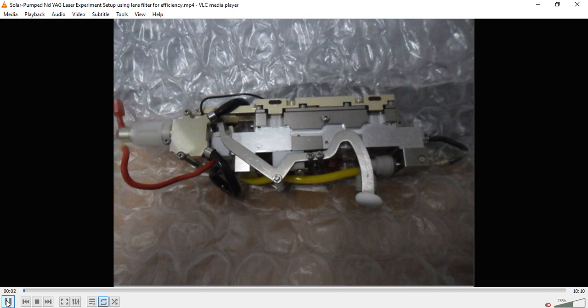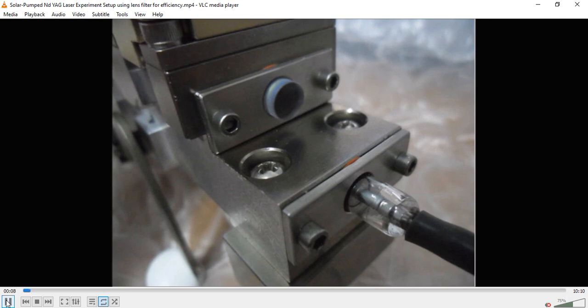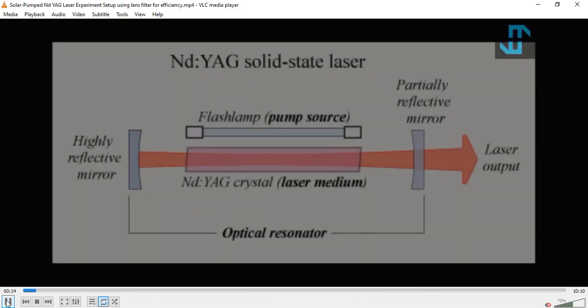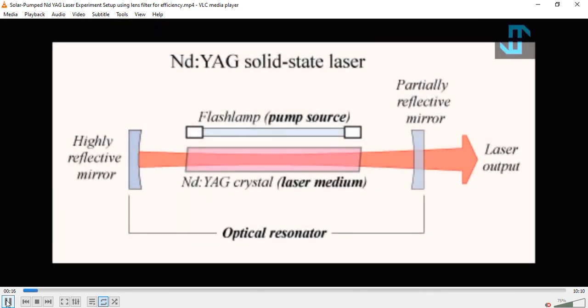So a few years ago, I was experimenting with Neodymium YAG lasers, and these are basically lasers that can generate a pulse of 1064 nanometers using a flash lamp as a pump source.